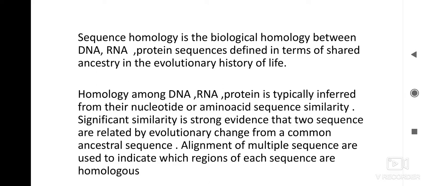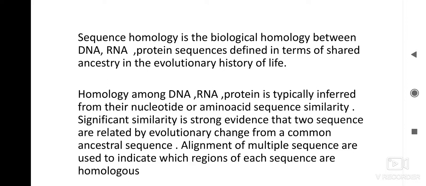Sequence homology is the biological homology between DNA, RNA, protein sequences defined in terms of shared ancestry in the evolutionary history of life. Homology among DNA, RNA, protein is typically inferred from their nucleotide or amino acid sequence similarity.